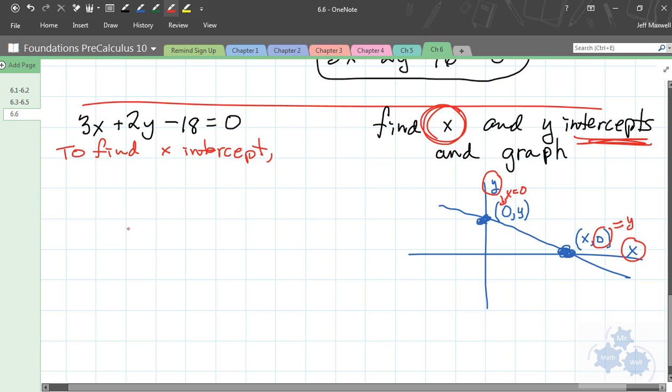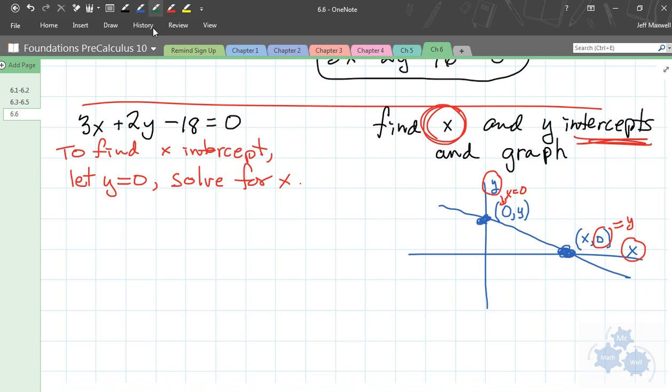I feel like I've written this out for you already before. Have I not done this before with you guys? To find x-intercept, let y equals 0 and solve for x. Alright, so that's how we're going to find the x-intercept.